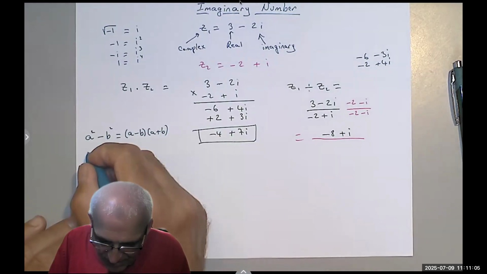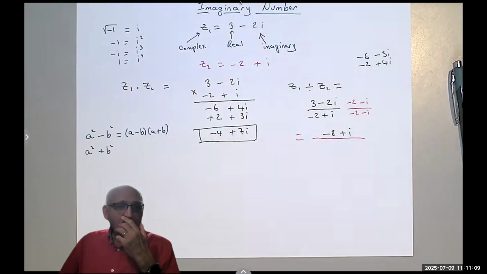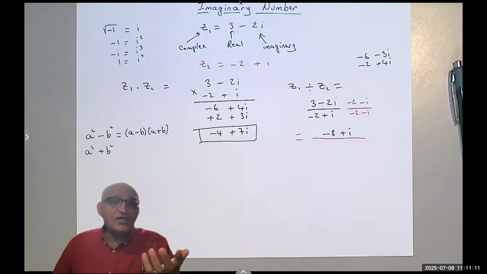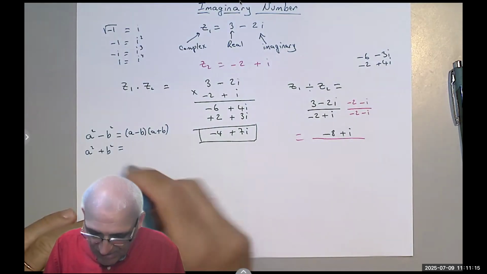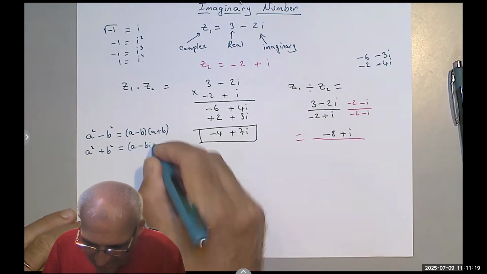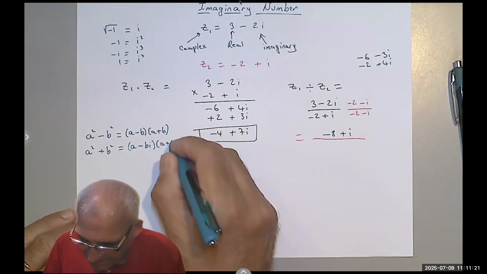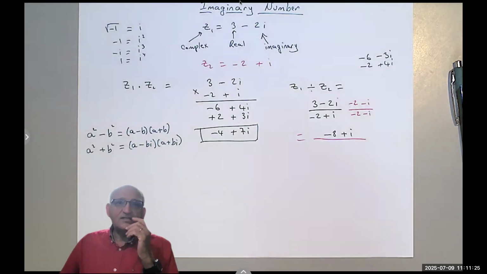But what about a squared plus b squared? We said you cannot do it with real numbers. So the way we do it is we say it's a minus bi times a plus bi, or ib. Some people write the i in front, it doesn't matter.